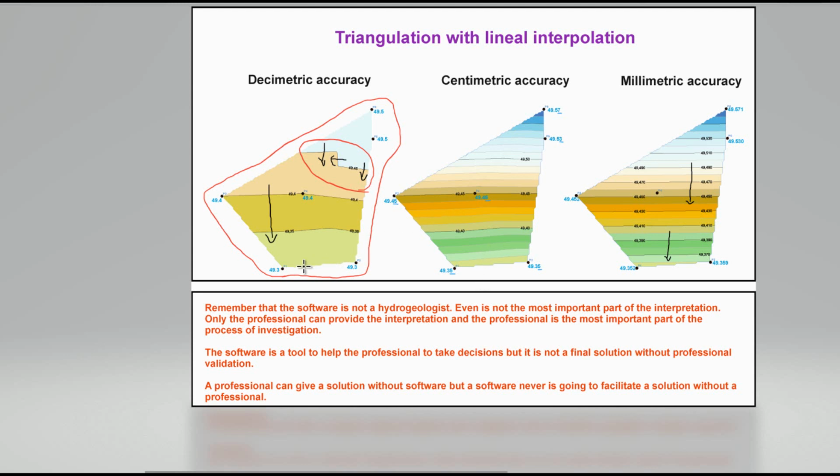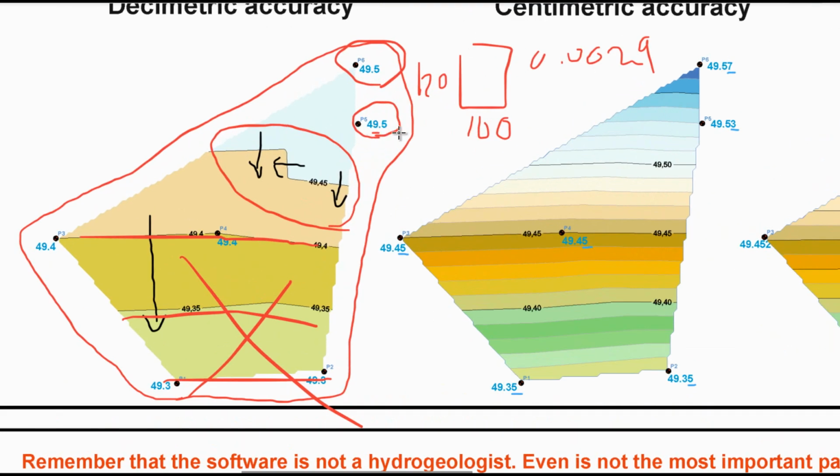I'm pretty sure this map is totally wrong, because even if those lines are good, you have just decimetric precision for that area, which is 120 by 100 with a hydraulic gradient of 0.0029. You cannot work with decimetric precision.